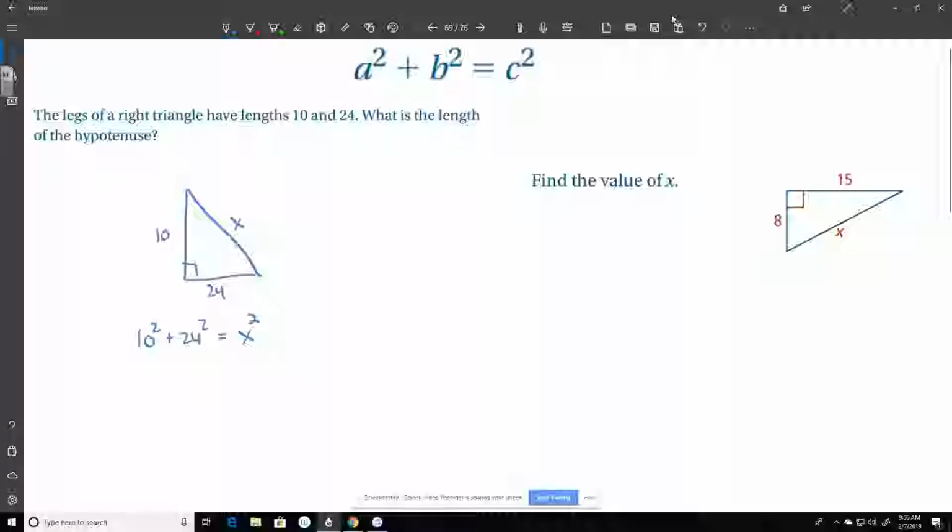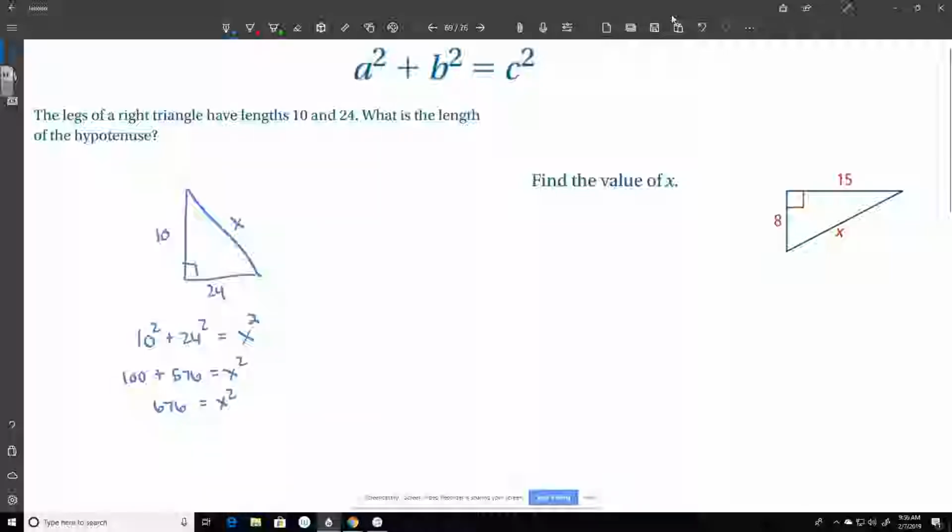You need to put that they equal x squared. I don't know 24 squared, so that's why I grabbed the calculator. But I do know that 10 squared is 100, and 24 squared is 576. So those equal x squared. I can add these together, so 676 equals x squared.